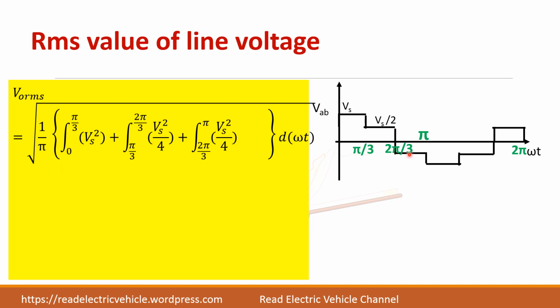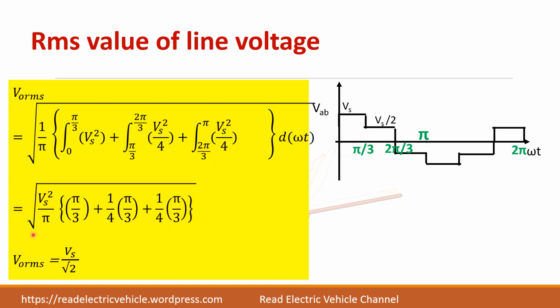So you have three different voltage levels. For the first interval you have Vs, second interval Vs by 2, the whole square. Again you are squaring it, so the negative value will become positive. So minus Vs by 2 becomes Vs square by 4. So simplify this, you will get Vs by root 2.